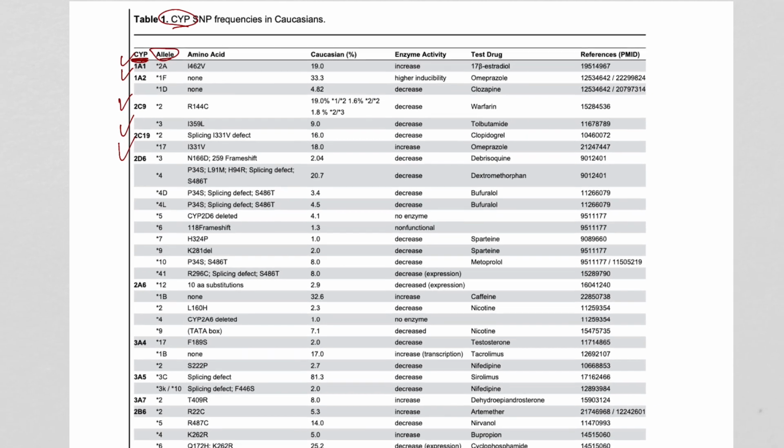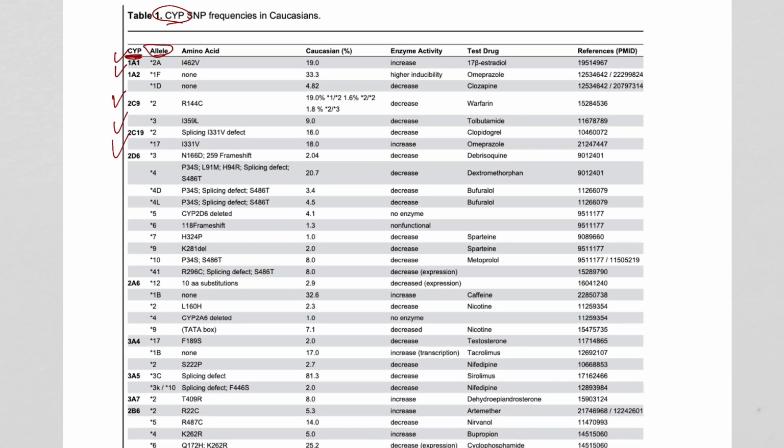So these are basically known SNPs or variations in those CYP genes, and this is their percentage in a European population that was measured, and the enzyme activity and the test drug is asking the question, okay, does that variation either increase or decrease metabolism? And if so, for what drug?